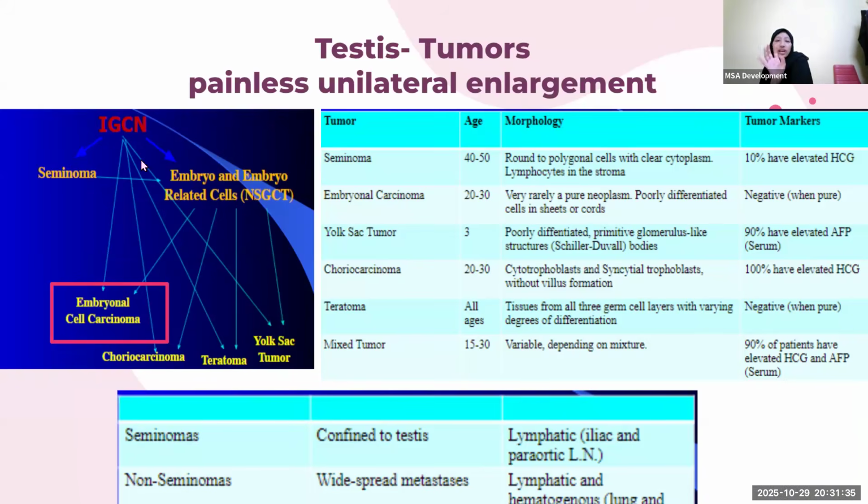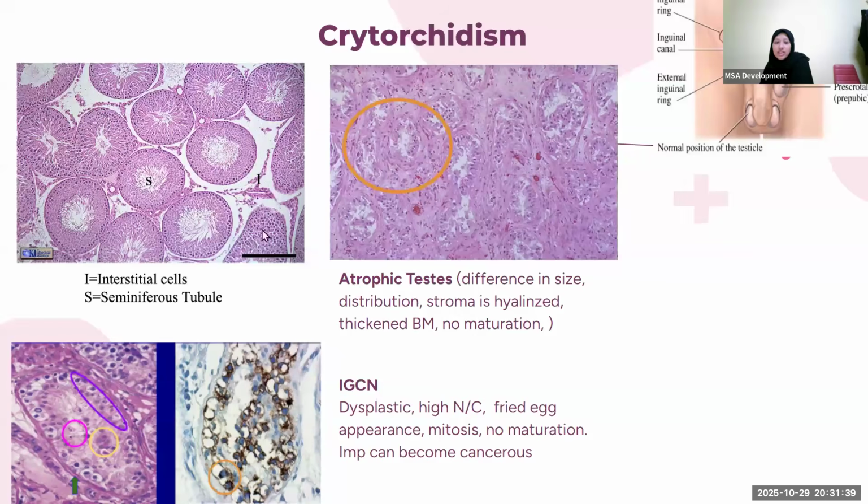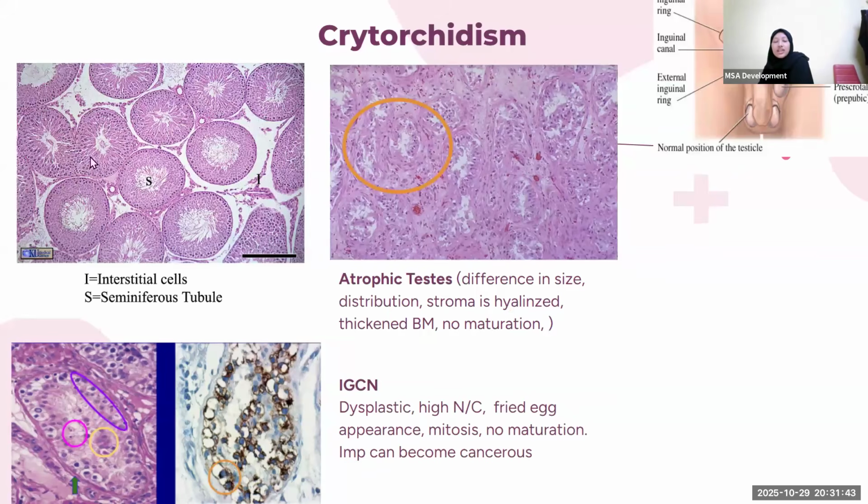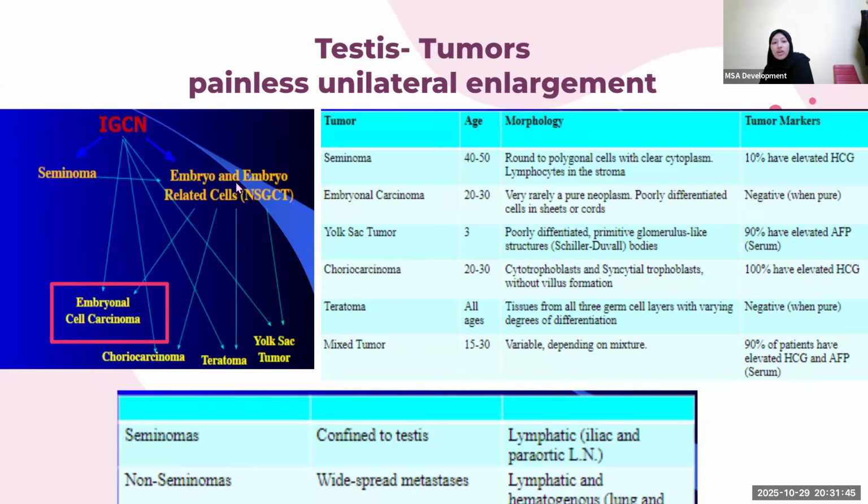So we are now talking about only the germ cell part. Germ cell tumors can arise from this and differentiate into seminoma or non-seminoma. Okay, that's a broader term. Non-seminoma is divided into a lot of other tumors. Seminoma, however, is the most common tumor of the testis.